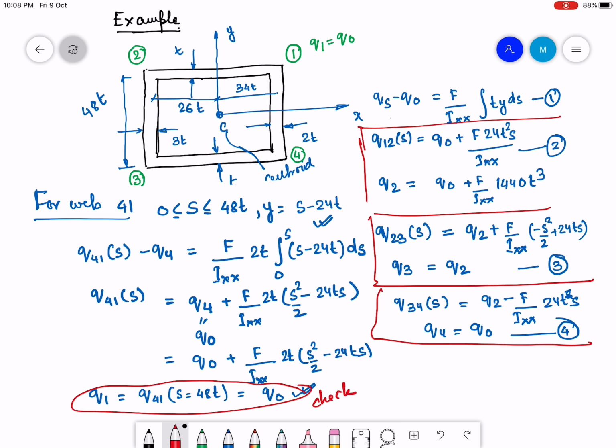Okay, so therefore I can write Q41S as Q0 plus F by Ixx into S square by 2 minus 24tS, and Q1 is equal to Q0. So this is my equation 5, and let me highlight this.